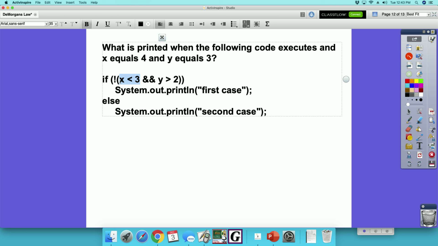First one's false, making the whole inside false. But we have a negation. Not false is true. So this whole Boolean expression that's been negated is now true. So the first case is printed.